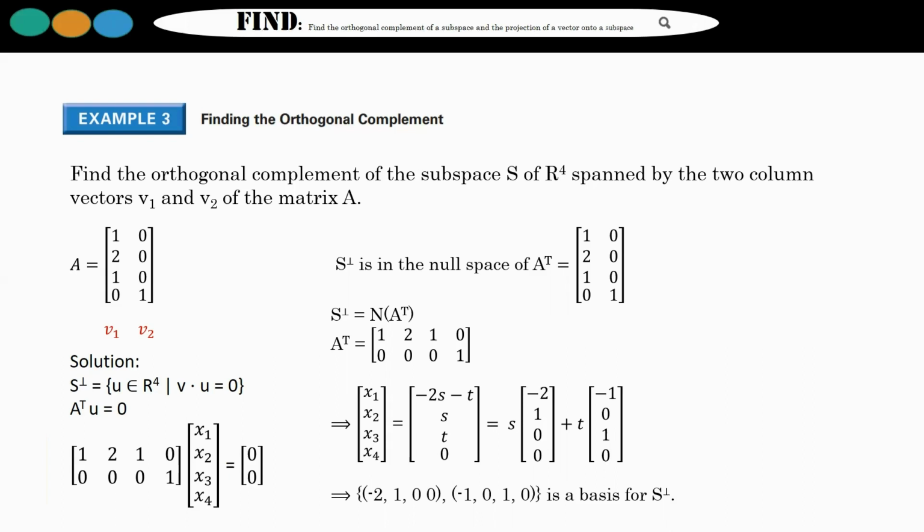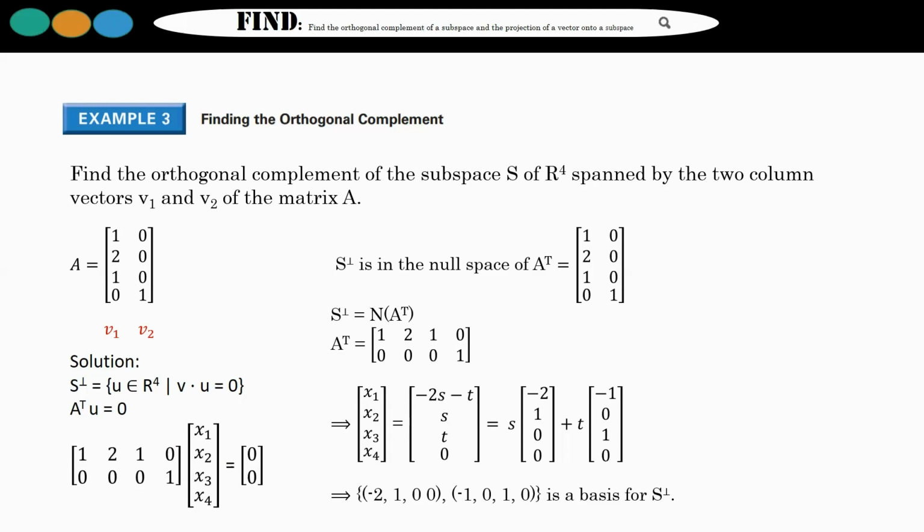Then we transpose the value of 2 x sub 2 plus x sub 3 in order to get the value of x sub 1.